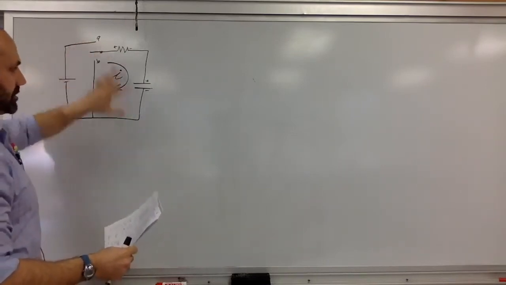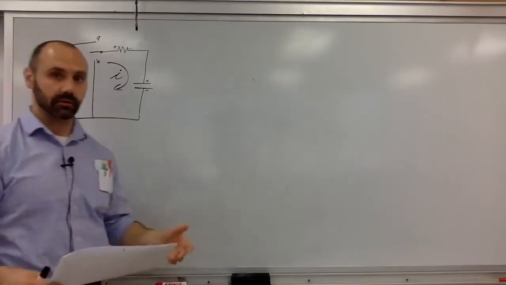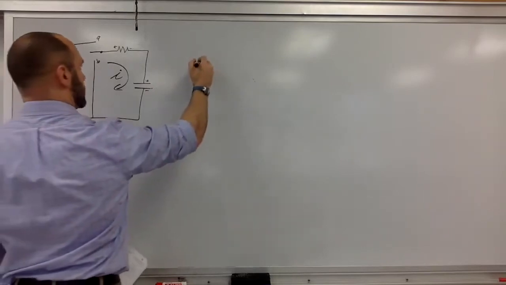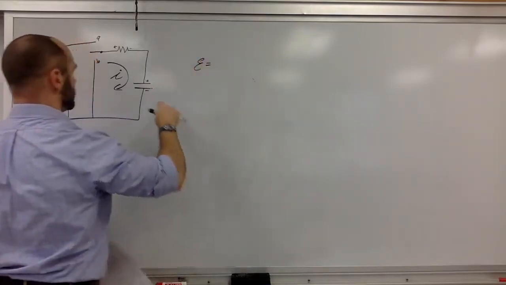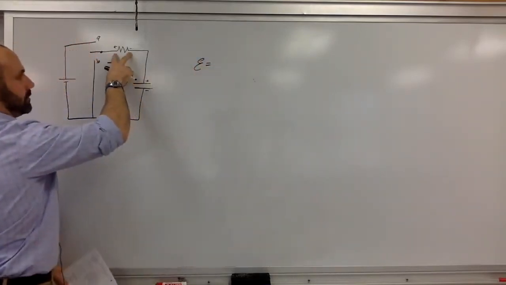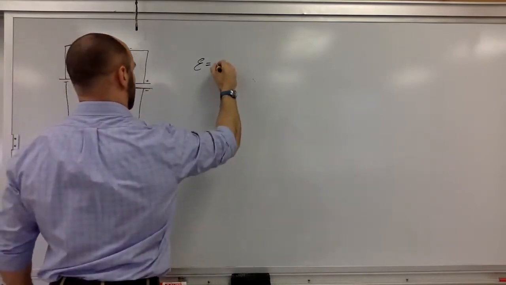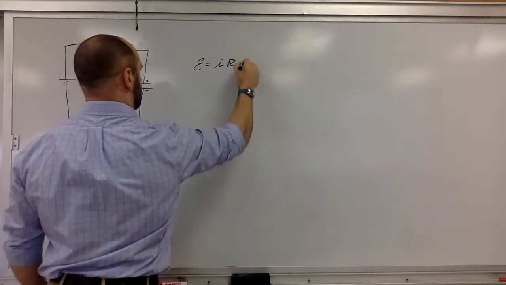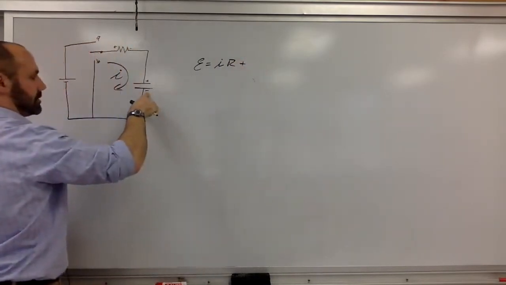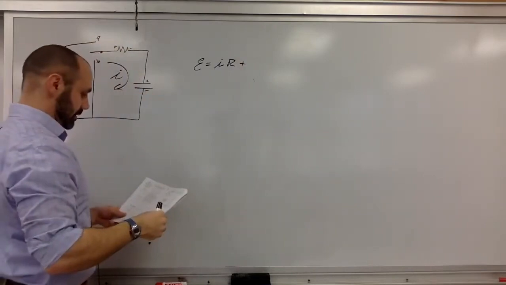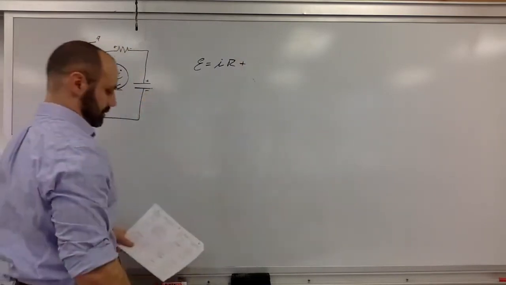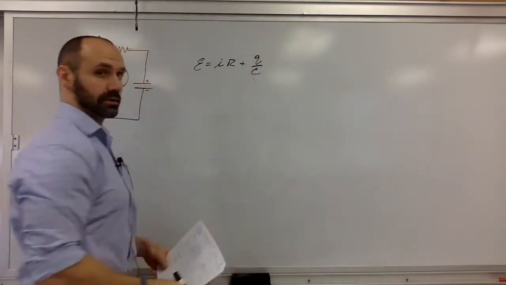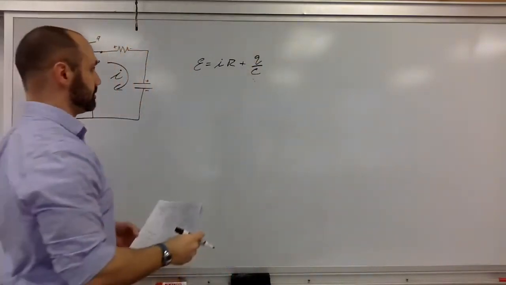And as this is charging, by the way, we need to keep in mind Kirchhoff's loop rule. The loop rule tells us that the EMF of the battery is going to be equal to the voltage on the resistor, which is going to be I times R, plus the voltage on the capacitor, which is going to be q over C. Notice lowercase q, because q is potentially changing.